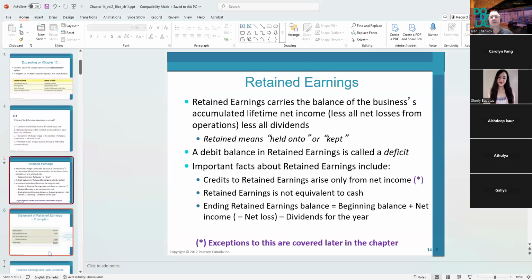Now, what are retained earnings and what do retained earnings represent? Retained earnings will be the accumulated lifetime net income, which is kept in the company. Retain means to hold.